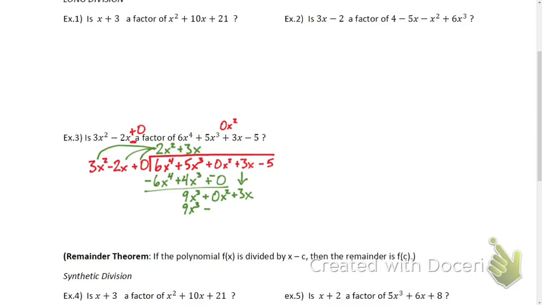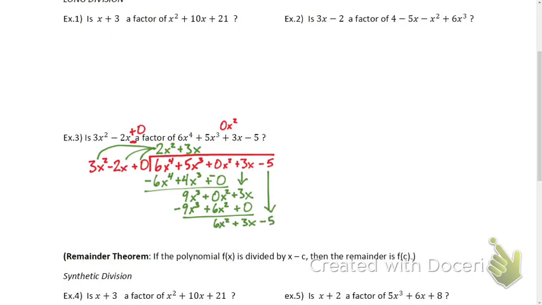Then I get negative 6x squared and 0. Flip your signs, and we get 6x squared plus 3x, and drop that negative 5 down.